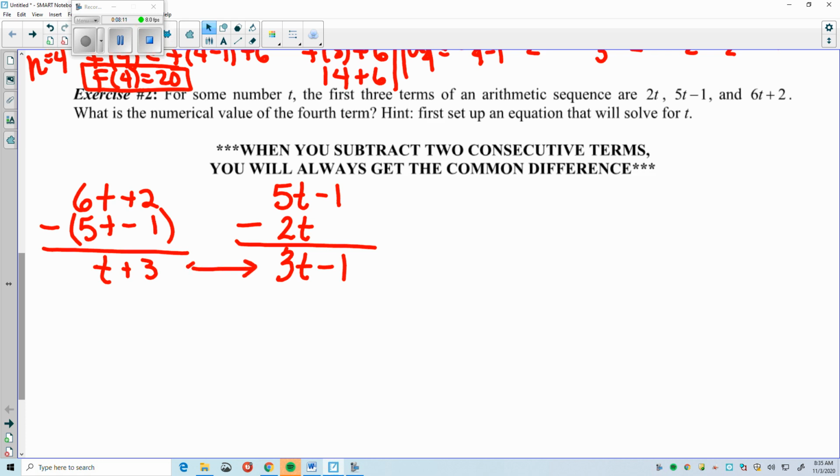What we have just found here is our common difference. And these guys are going to be equal. So they're both representing the common difference, even though they're 2 different expressions. But we always know if 2 things are equal, I should be able to set them equal. And then I could solve for t.